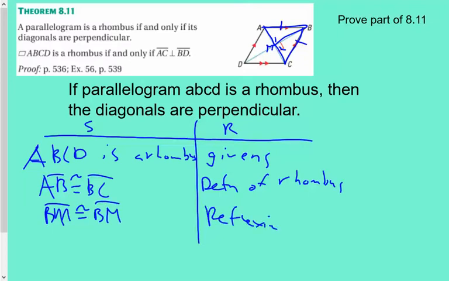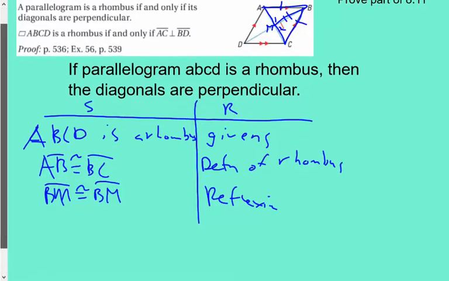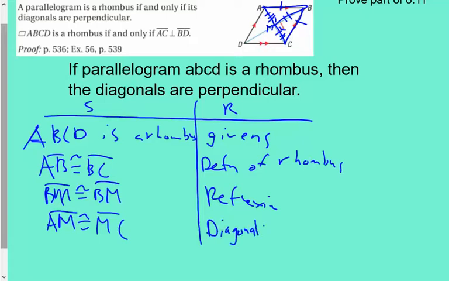So I already have two sides congruent. And since it's a parallelogram, the diagonals bisect each other. So I know that AM and MC are equal. So I actually have side, side, side here. AM is congruent to MC, and that is because diagonals of a parallelogram bisect each other.